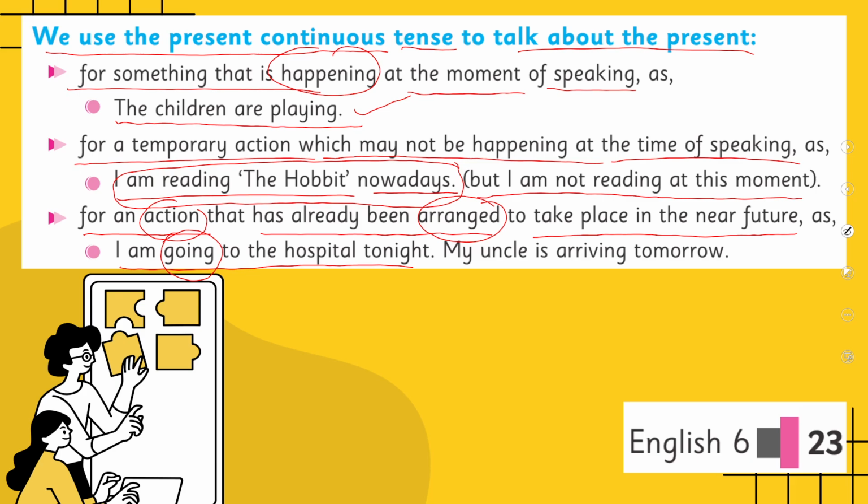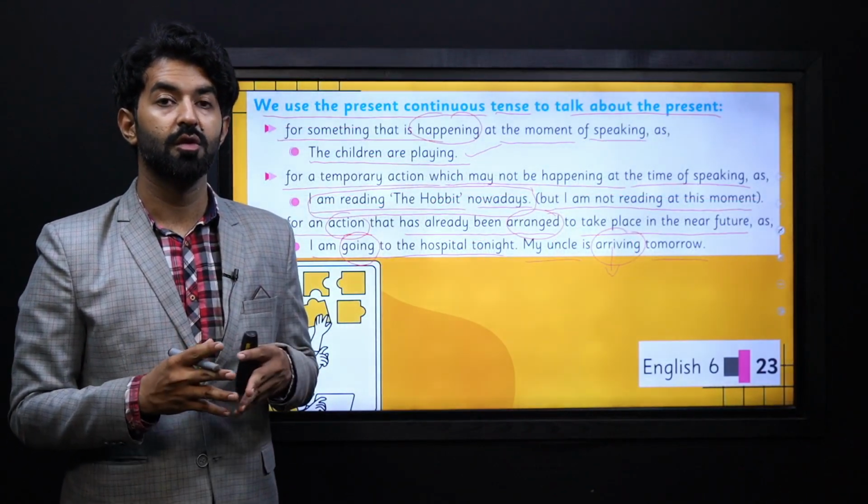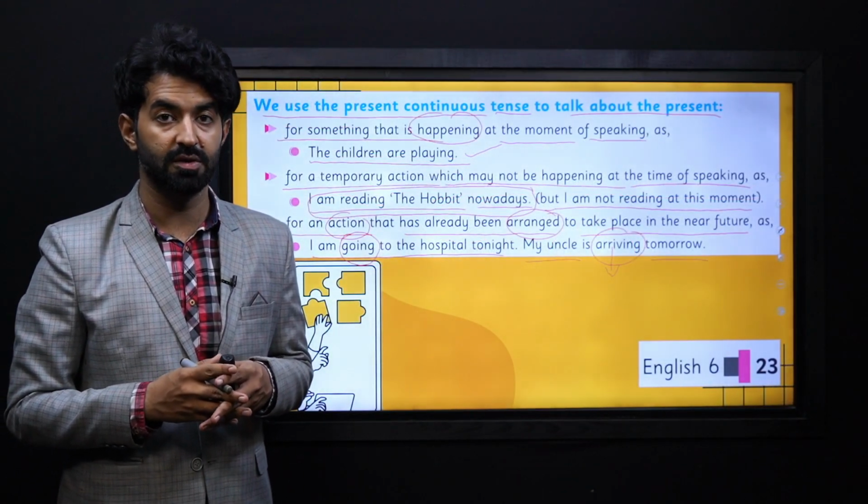Another example is, my uncle is arriving tomorrow. Now we used the verb arrive in its first form. By adding ing, we make this present continuous tense. So with all these three different situations, we use our present continuous tense.